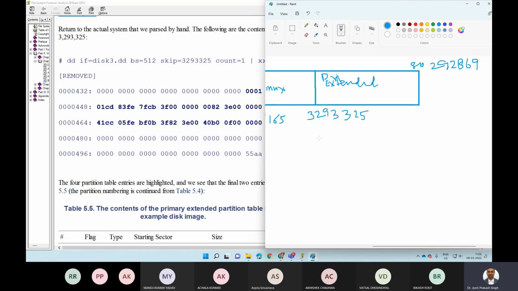This is where the extended partition was starting. Because extended partition is again something which may create some more partitions. Is it okay? Because that's what we were discussing yesterday also. Today also I have already told so many times.